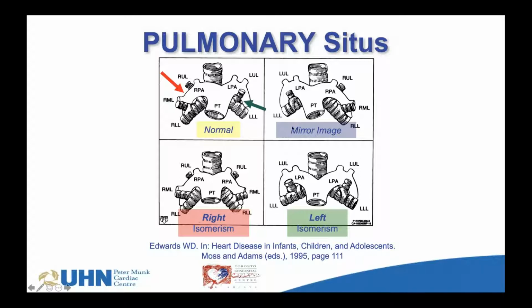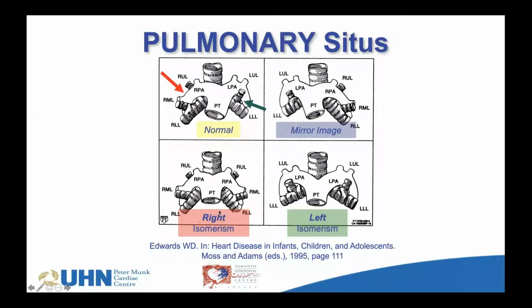In the mirror image arrangement of the lungs, the right pulmonary artery travels also anteriorly to the right upper lobe bronchus, but then on the left side. And the left pulmonary artery travels posteriorly to the left upper lobe bronchus.